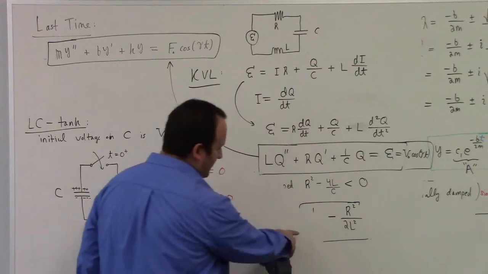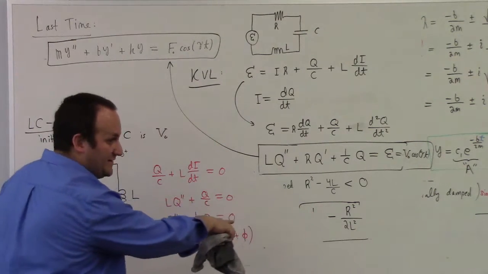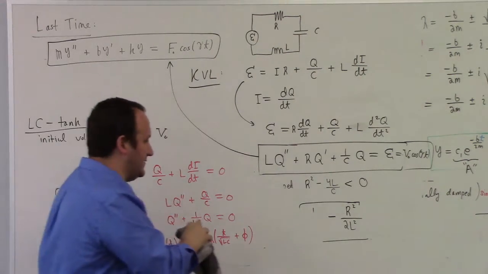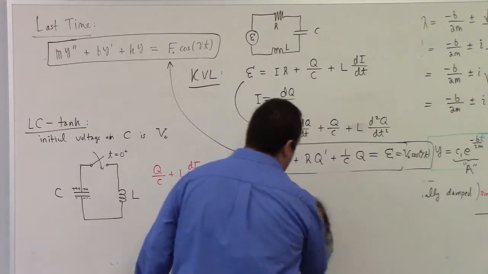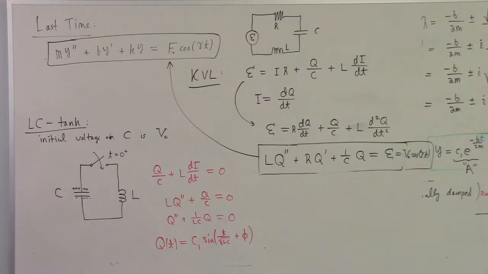I was going to point out to you guys the significance of 1 over the square root of LC. That's the natural frequency, like what we just found over here. It's just like the square root of K over M, the natural frequency for a spring mass without damping.